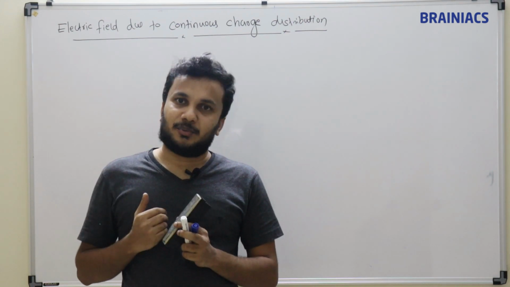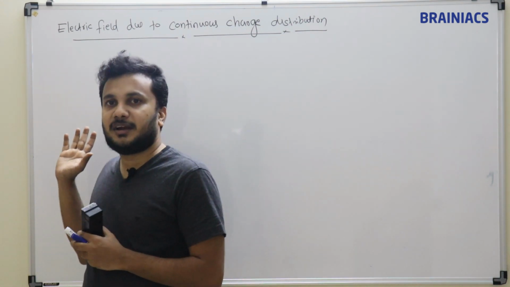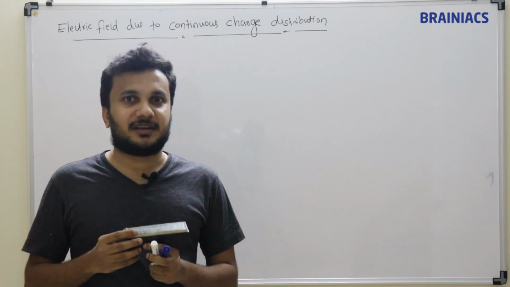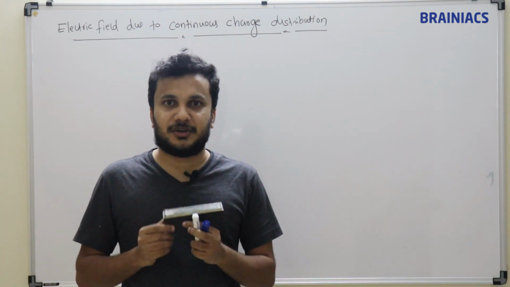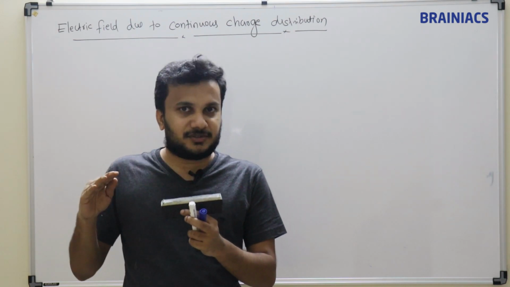We will see one by one, as we have done in the previous session. Here also there are subtopics. I hope you understood what I mean by continuous charge distribution. Continuous means not only one charge; it consists of many charges, in short.